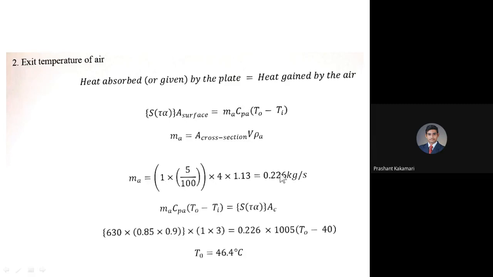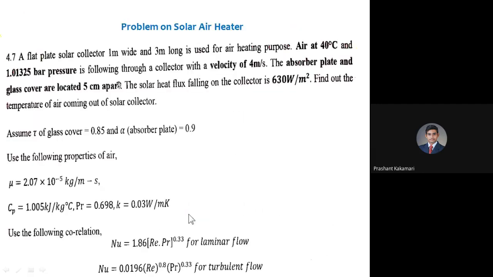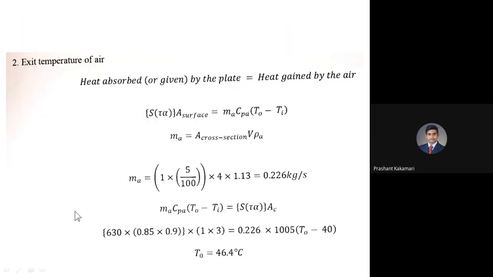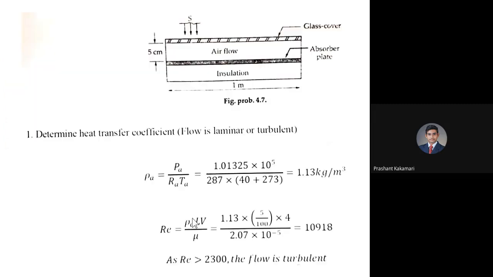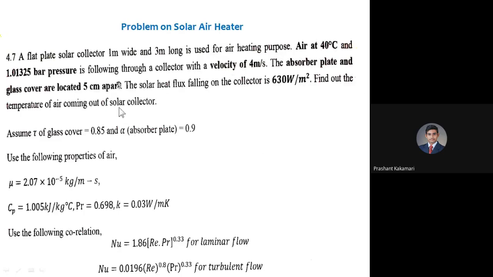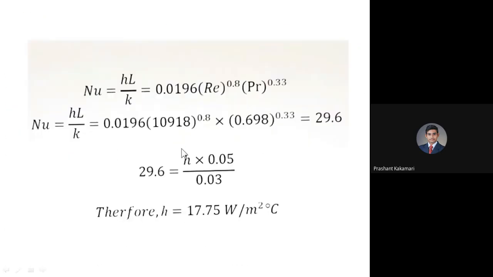Once you have found this out, directly substitute the mass flow rate and the Cp value given in the problem, Cp value 1.005. Then T naught is the outlet temperature. What we need to find out here is the temperature of air coming out of the solar collector.